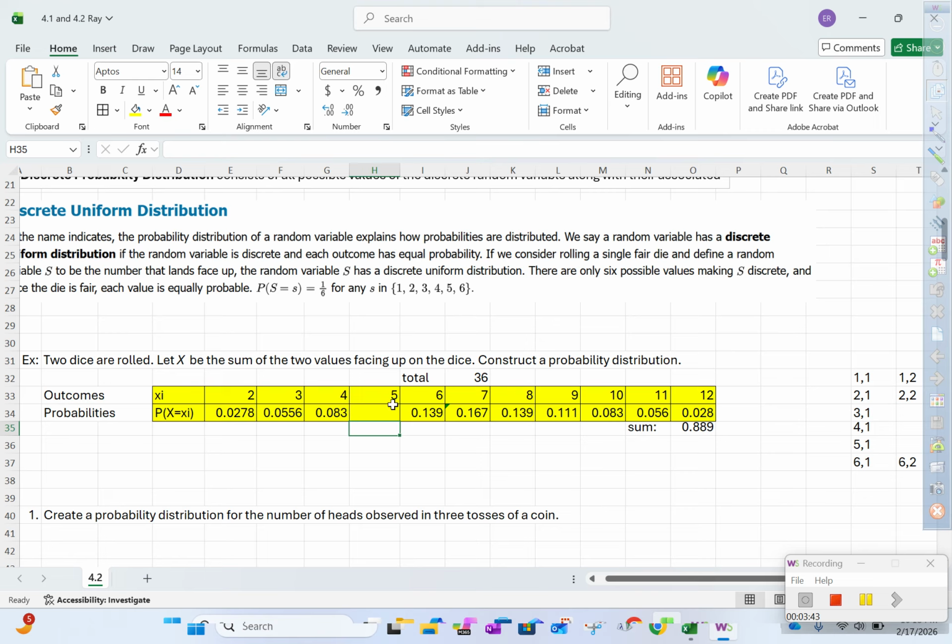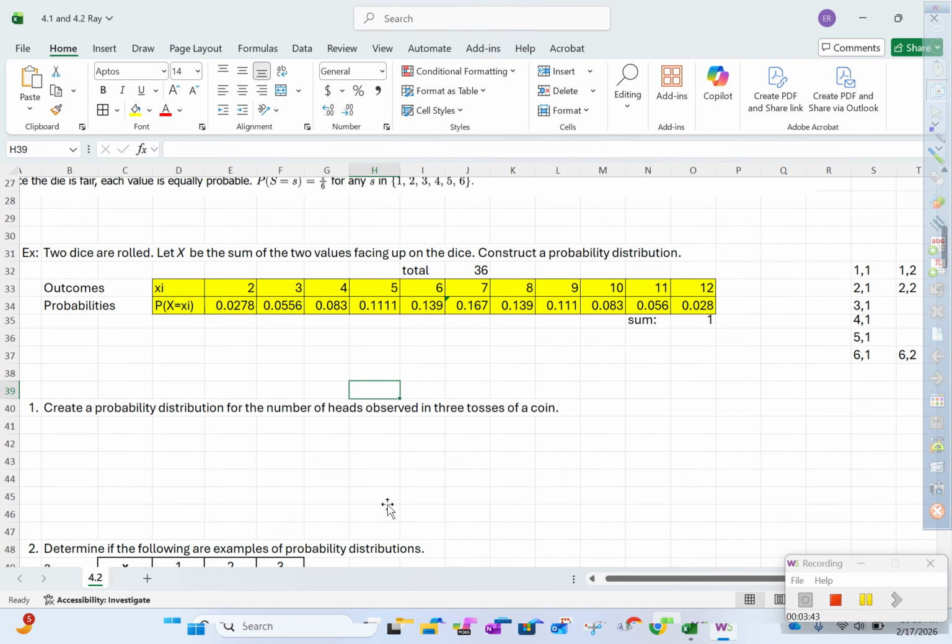If you were asked to find the probability associated with that sum of 5, not necessarily a sum of 5, but the 5 that goes with this particular example, what we would know is that these extras have to add up to 1, and so right now we're adding up to this 0.889. That would be just 1 minus that sum to get the leftover. Okay, so you may be asked something like that for a problem on your homework, or moving on, as far as the test.